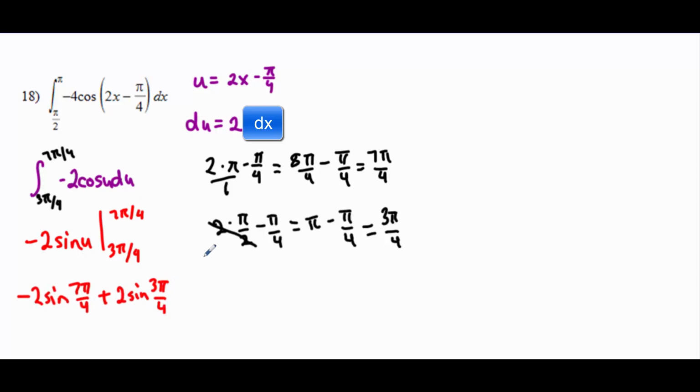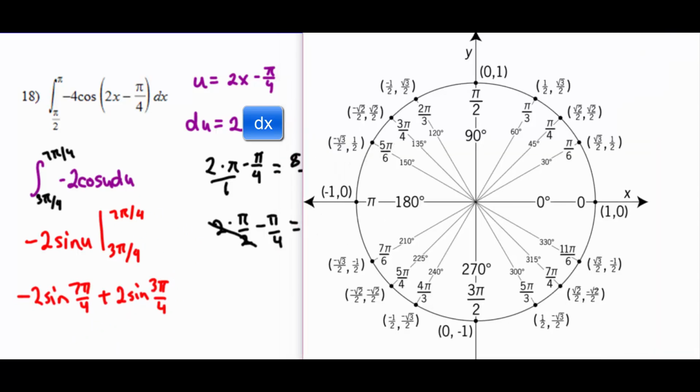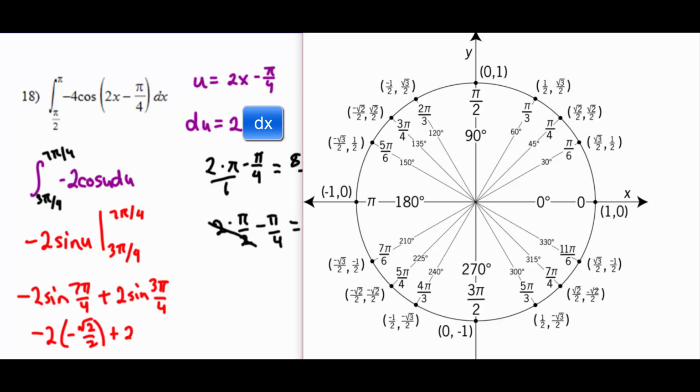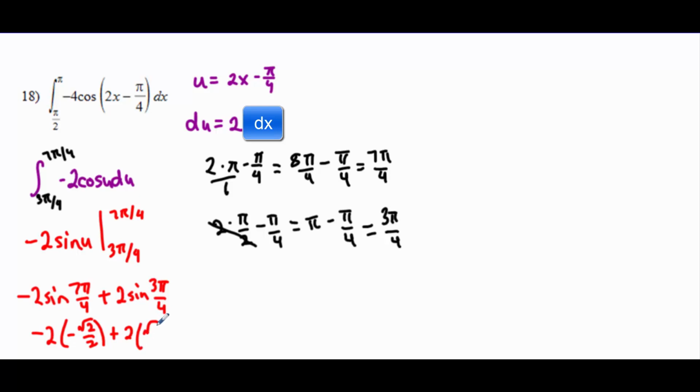If I look at my unit circle, sine is my y value. 7 pi over 4 is down in the bottom right quadrant, which is negative square root of 2 over 2. If I do sine of 3 pi over 4, 3 pi over 4 is in the second quadrant, and it's my y value, and it's positive square root of 2 over 2.